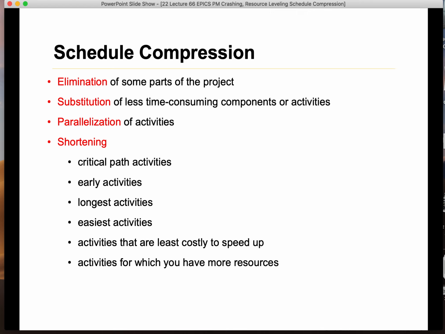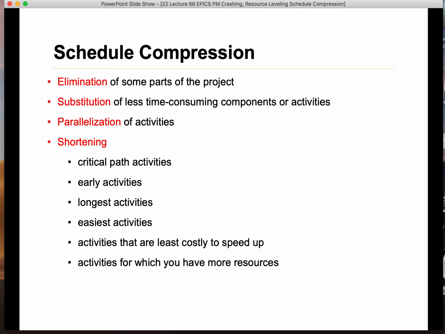But maybe you want to revisit some of the activities and estimate the durations a little more realistically. So you can try to shorten the longest activities. Maybe you want to do the easiest activities first so you can quickly get rid of them, right?